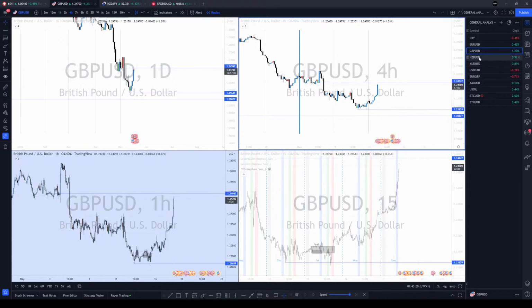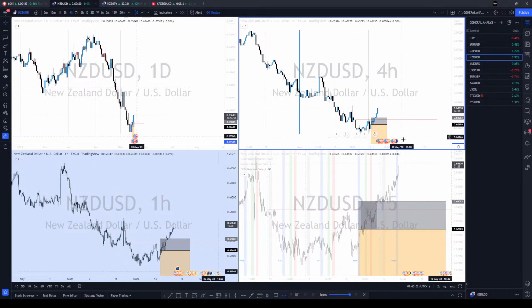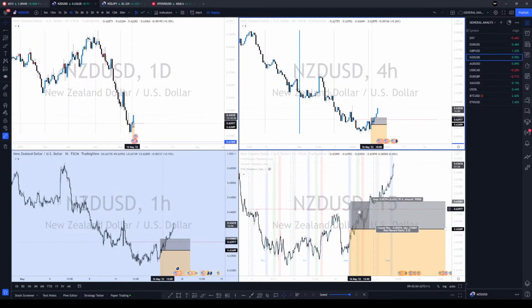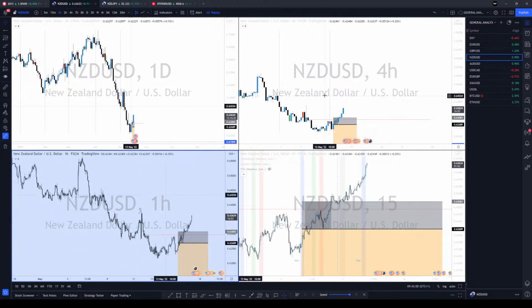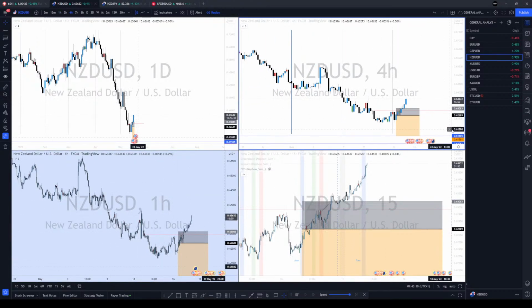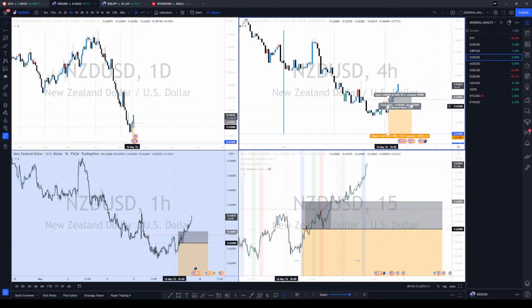All right, New Zealand. Yesterday I anticipated a sell off from this order block here, but that didn't happen, and they've gone through it. So it's a typical weekly range expansion. We're going up between Monday, Tuesday, Wednesday.